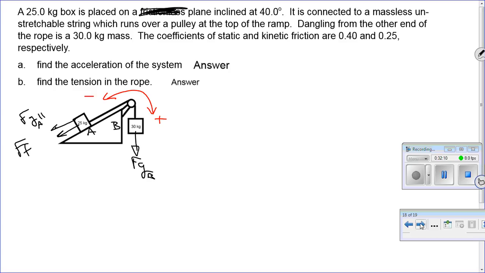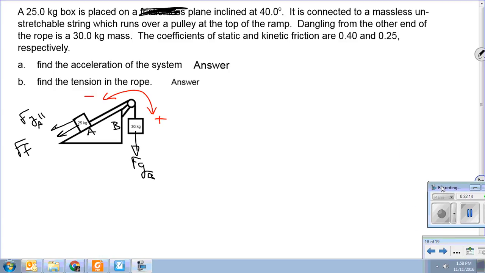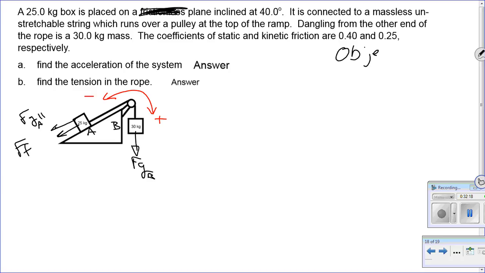All right, so here's my recommendation. Once you know you've got an object on an inclined plane, go over to the side and figure out all your stats for that object. So here are the things that I know about object A. I know that the force of gravity on it is 245 newtons. I'm not going to worry about any negatives here. I'm just going to write down the numbers, all positive.